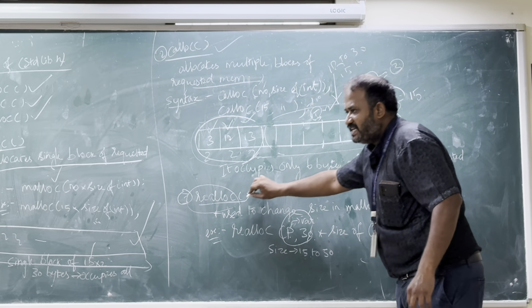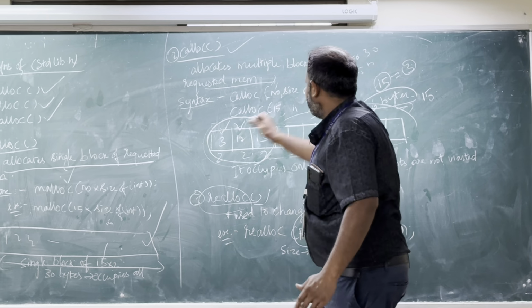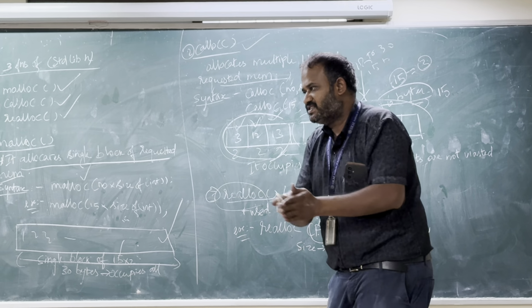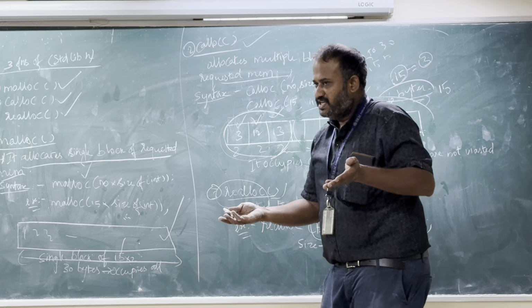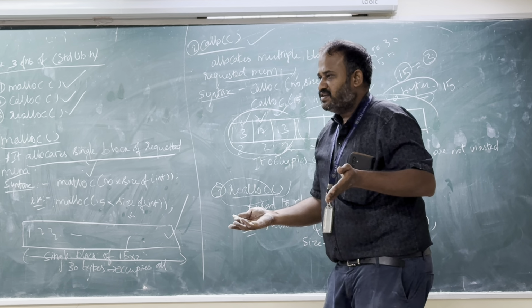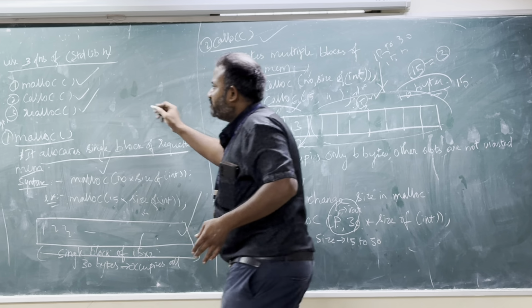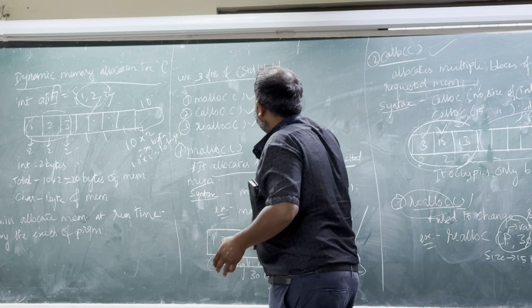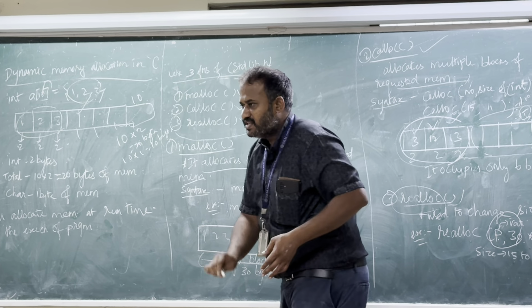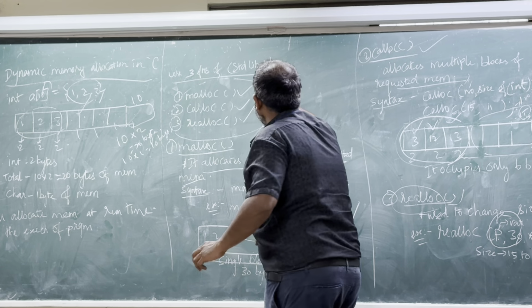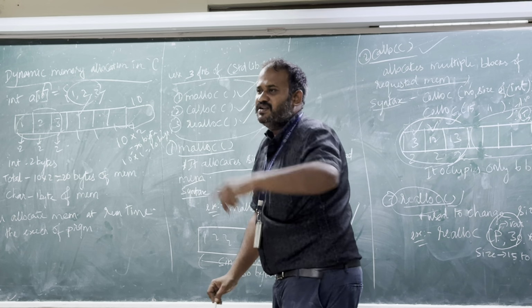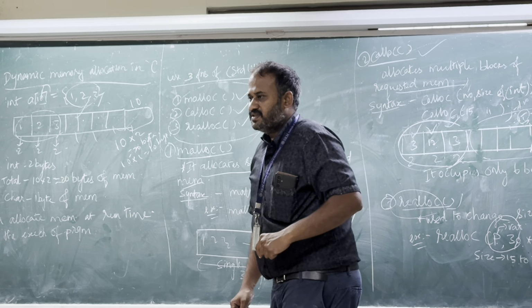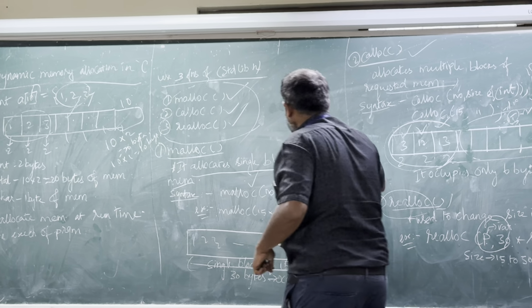So by using realloc, I can increase or decrease the block size based on our memory request. So this is your dynamic memory allocation. In this we have seen these three functions. Anyhow, you are going to use malloc, calloc and realloc in your lab, and you have to know the syntax of these.